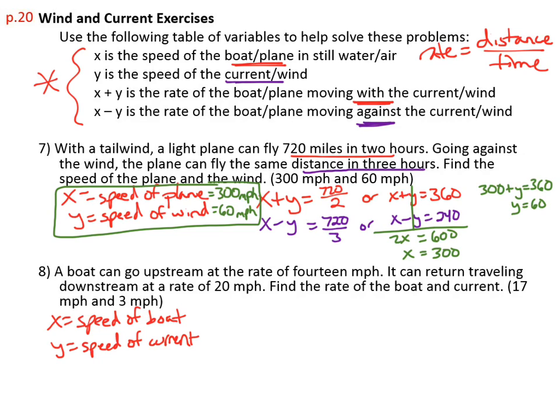So if we're going upstream, upstream is when you're going against the current. Downstream is when you're going with the current. So if we're going upstream at 14 miles per hour, so against the current, that's our x minus y.